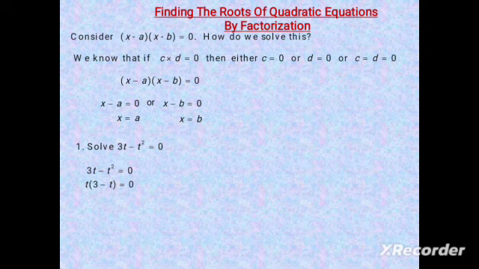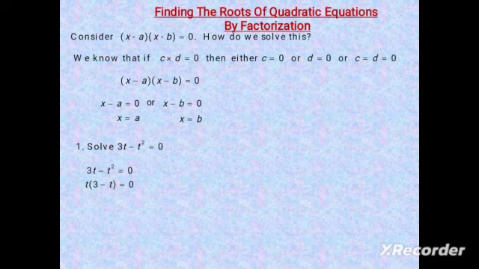So the formula has it that x equals minus b plus or minus the square root of b squared minus 4ac, all over 2a. Now we want to work out a few examples using the quadratic formula so that we see how it works.